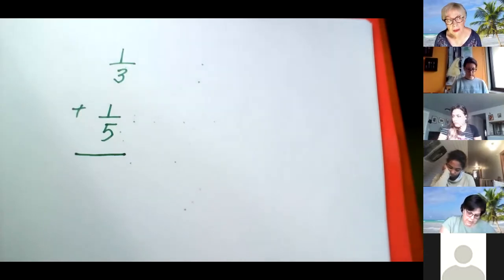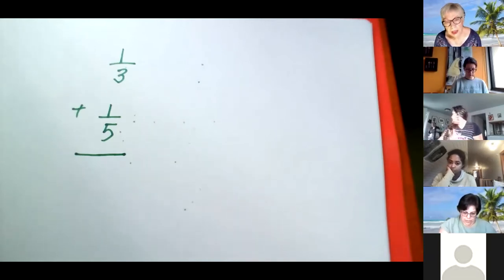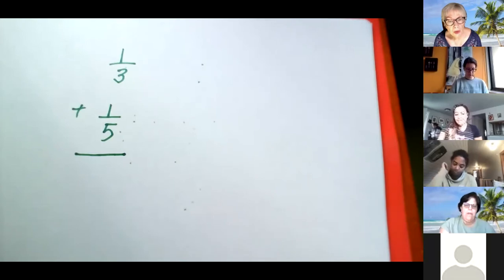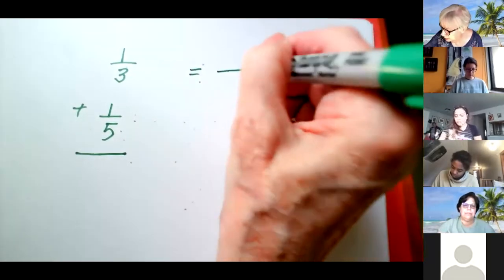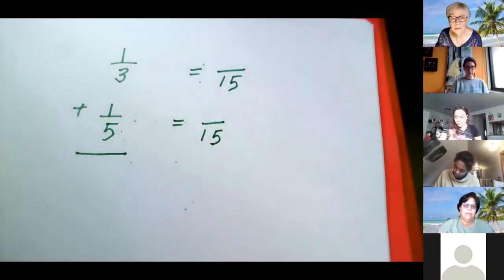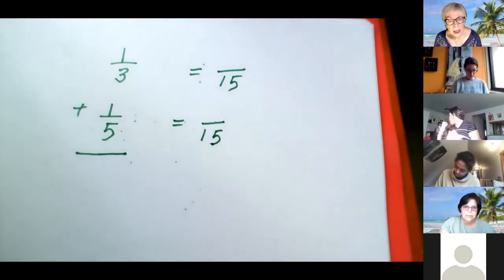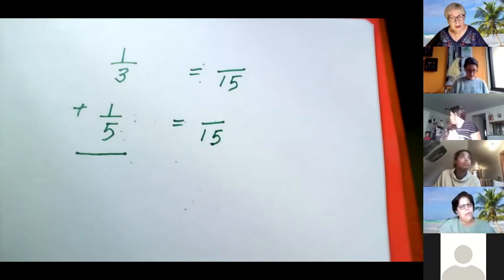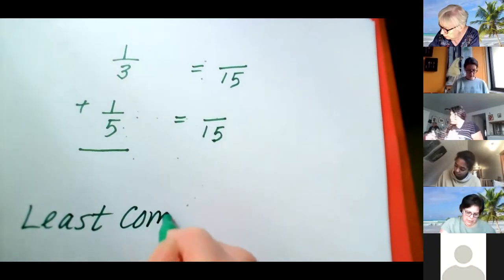The trouble with what you've learned in the past is that sometimes you realized you could get a pretty good common denominator by multiplying 3 and 5 and getting 15. The truth of the matter is 15 is the correct one for this. The problem is this won't always work. So what we're looking for is not the common denominator, but the least common denominator.